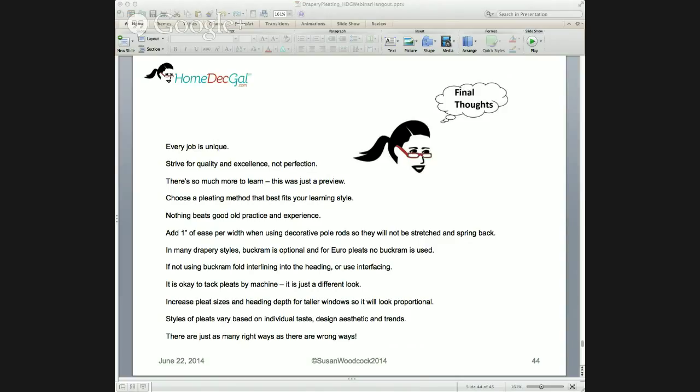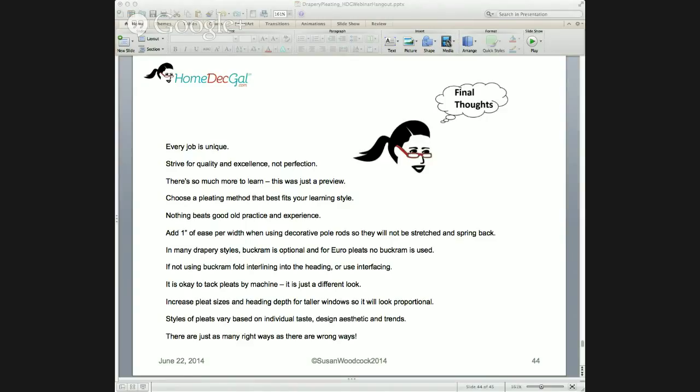You can strive for quality and excellence, but don't try to strive for perfection. Fabric moves and grows and stretches. You can table a drapery length one day in the workroom, and it's a perfect 89 inches. Then measure it the next day, it might be 89 1/4 inches. The next day, it might be 88 3/4 inches.